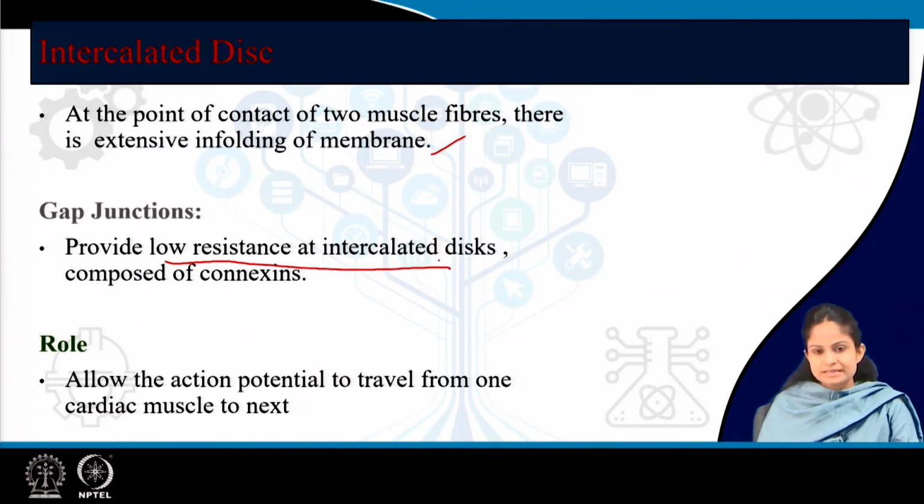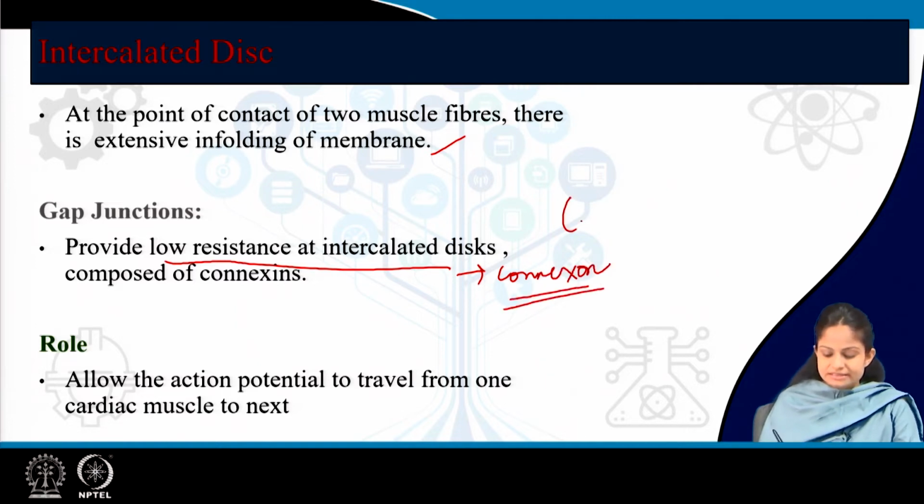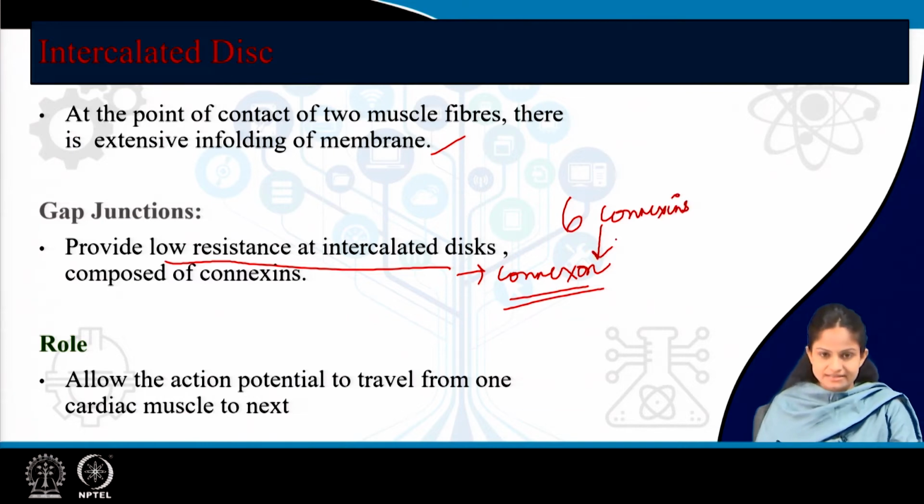The gap junctions are channel proteins, and they are made up of connexin. 6 connexins form one connexon. So, these gap junctions are made up of connexons, and they provide the electrical synapse and the low resistance channels, so that there is no barrier to the flow of the electrical impulse.